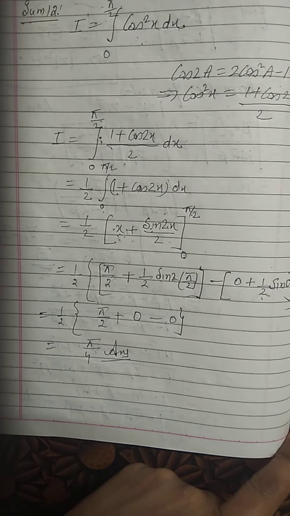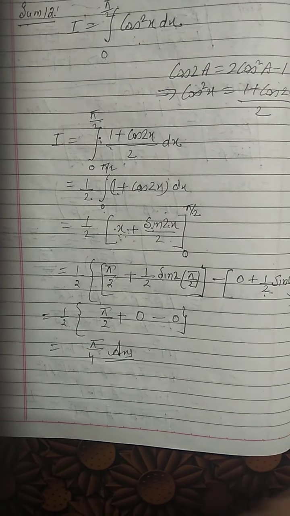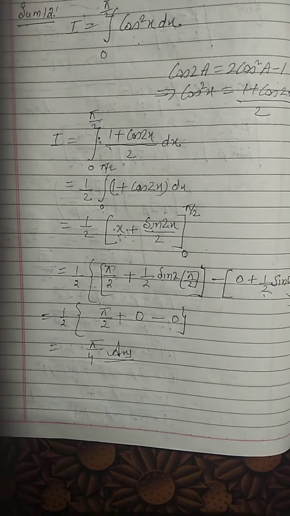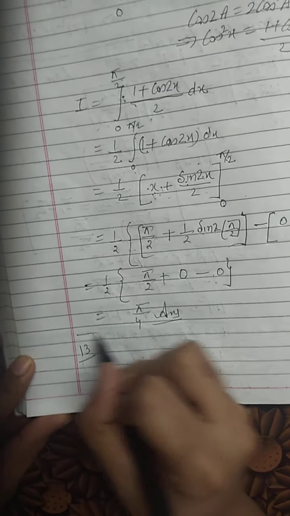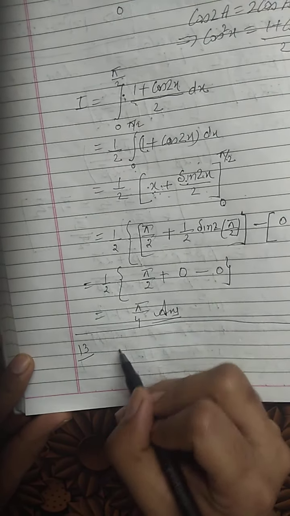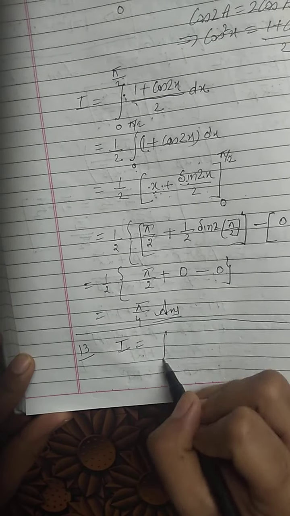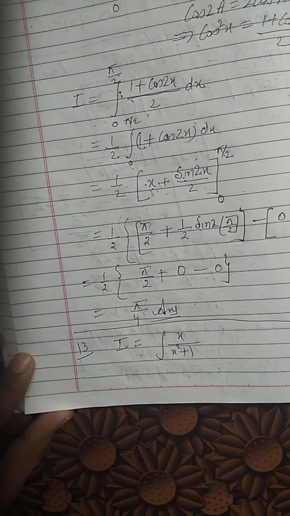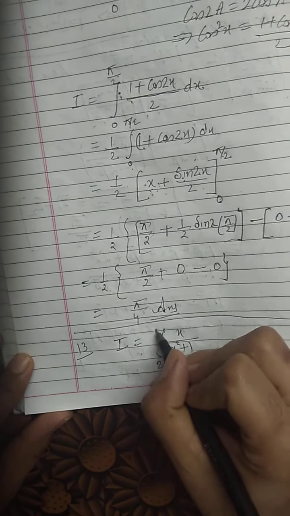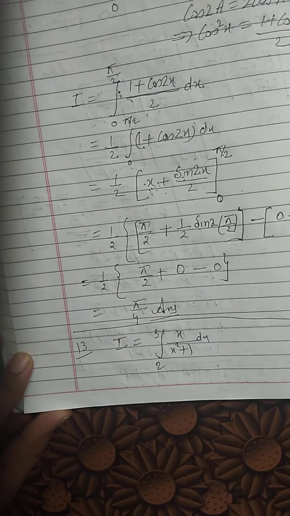And the next, sum number 13, is simple. There also we will use the substitution. Here let me give you the hint. Sum number 13 is the integral from 2 to 3 of x upon x square plus 1 dx.